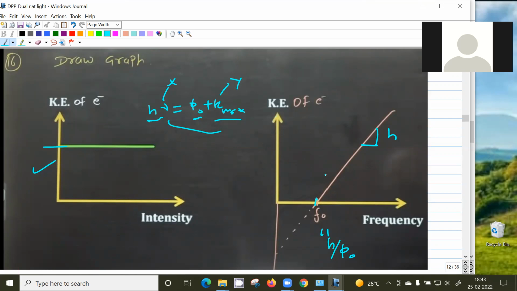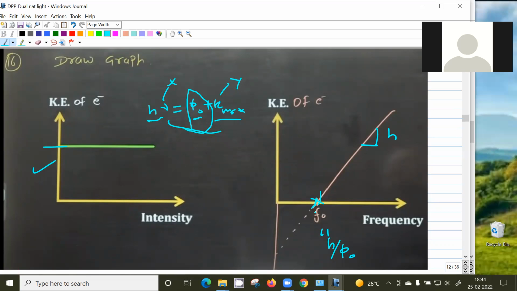This point corresponds to the frequency being the cutoff value. At that frequency, h nu naught goes in completely compensating for the work function, just sufficient to overcome it. So the kinetic energy is 0.